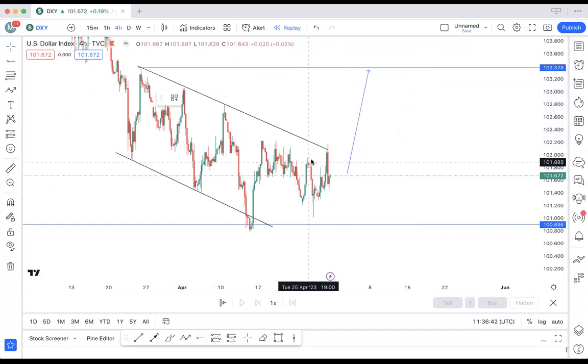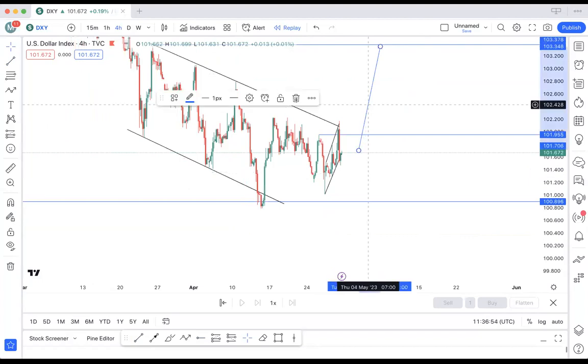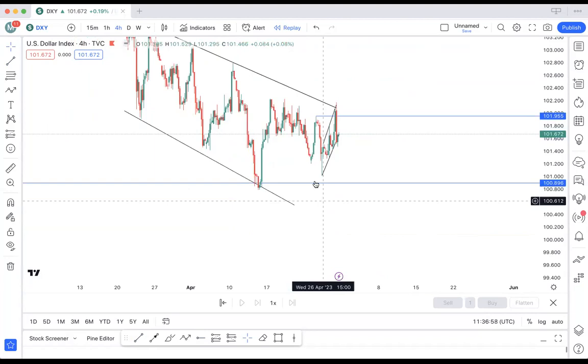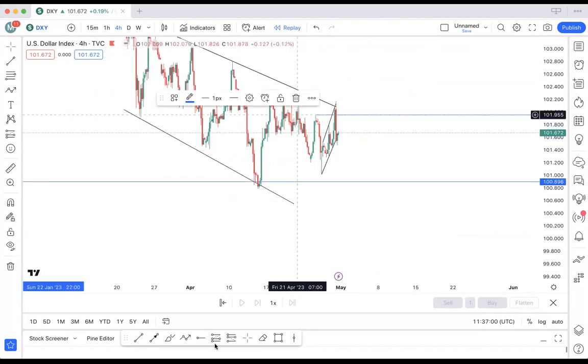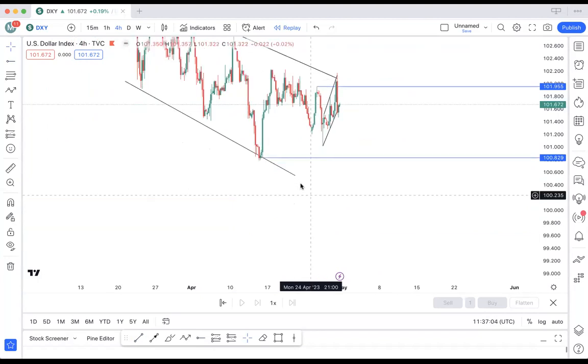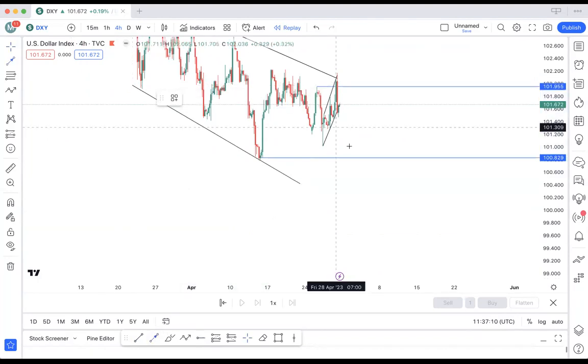I'm seeing this as a double top, also combined with it being a continuation pattern to the upside. So this might not be breaking out to the upside, but short term, it could be dropping at least to this area over here before it gives us that overall breakout to the upside. So this could be dropping short term.